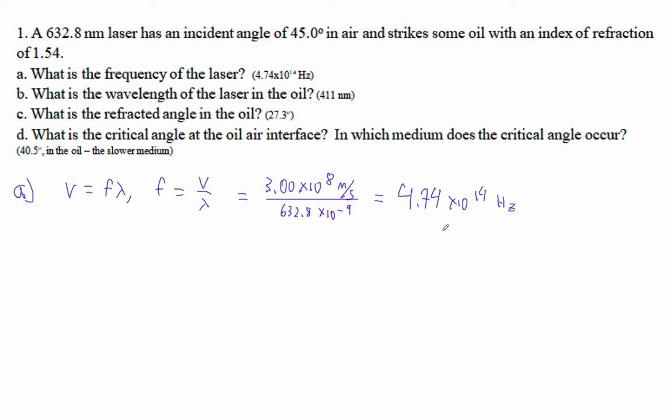What is the wavelength of the laser in the oil? Well, there are two ways to do this. One way is to figure out what the velocity is in the oil, right?